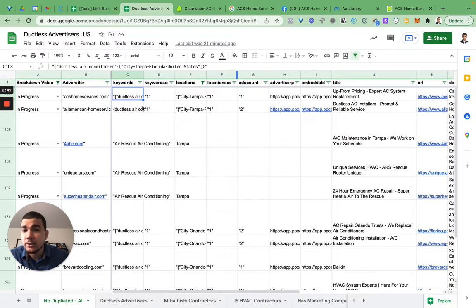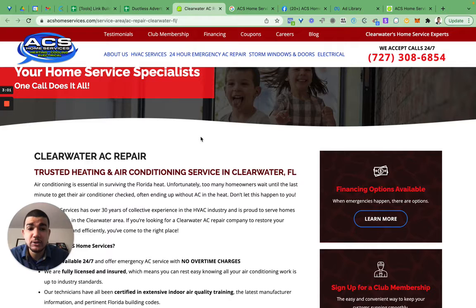So if you don't want to spend money on ductless, get that out of your bidding for this keyword by pruning it out. So you take a look at the search terms, take a look at what you spent money on showing up for, and then get rid of anything that isn't important to your business. So those are the first three things.